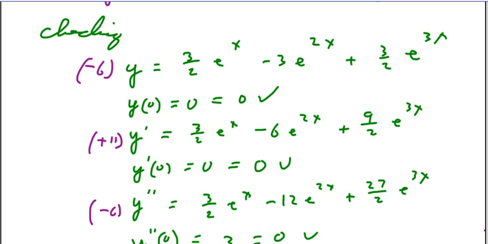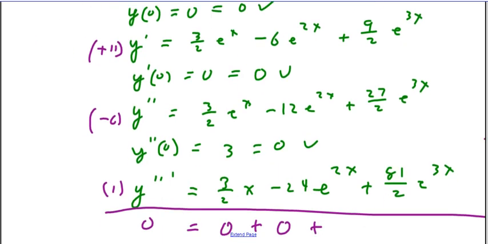Minus 6 times 27 over 2, and the last guy is 81 over 2, and that's 0. Okay, so all three rows are 0. The problem checks. We have the right answer. Isn't that convenient? Next one is problem 16.